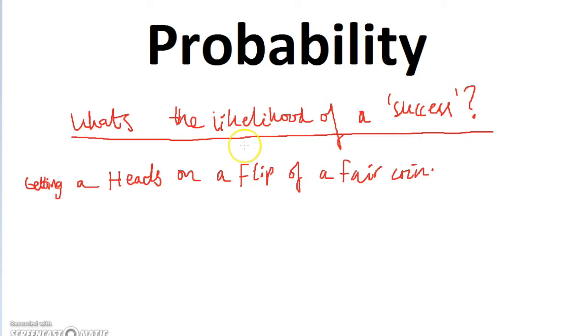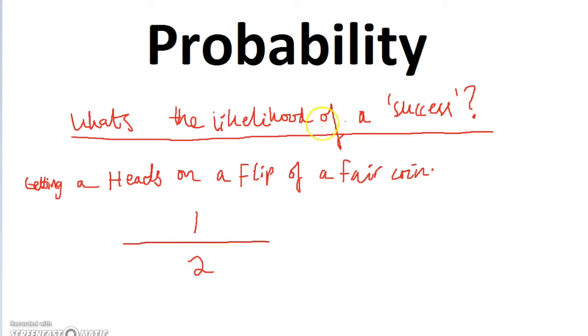The way we calculate the probability is we say, okay, how many ways can I get a success? Well, when I flip a coin, I can either get a heads or a tails. So there's really only one way I can get a heads on one flip of a coin. And how many possible outcomes are there? I can either get a heads or a tails, so there are two possible outcomes.